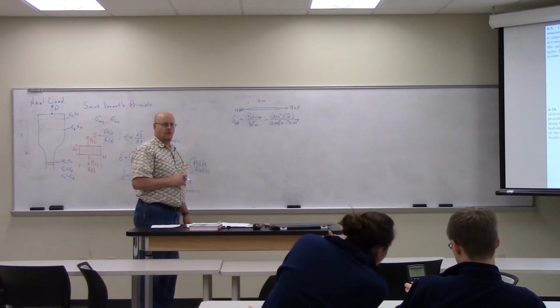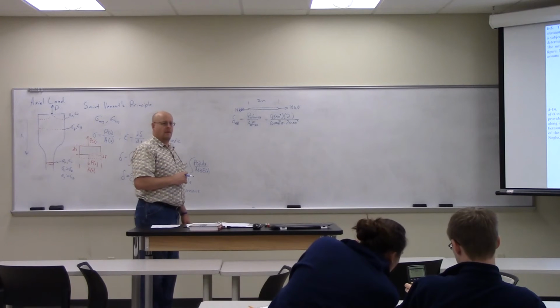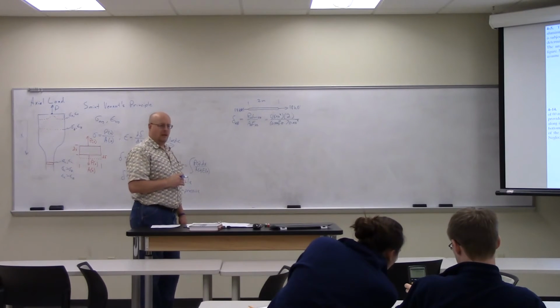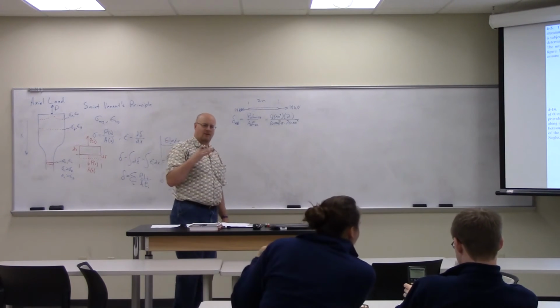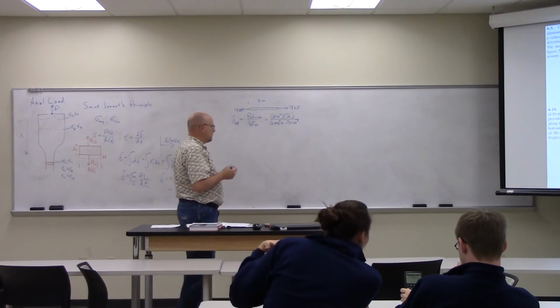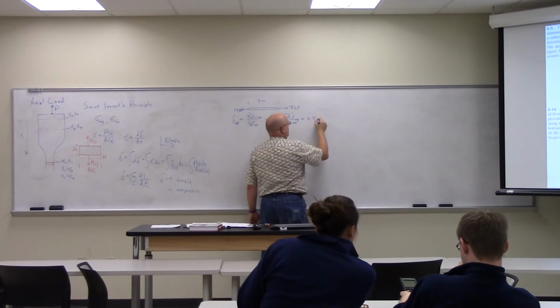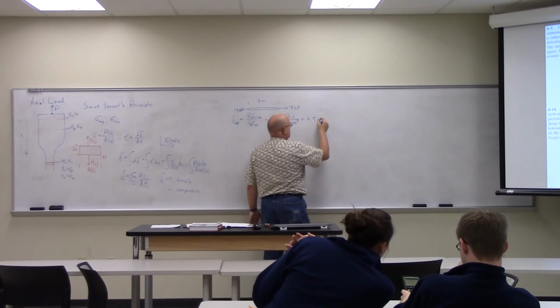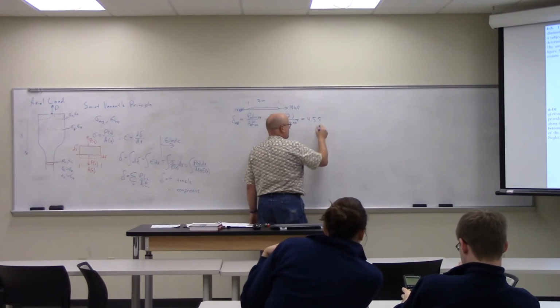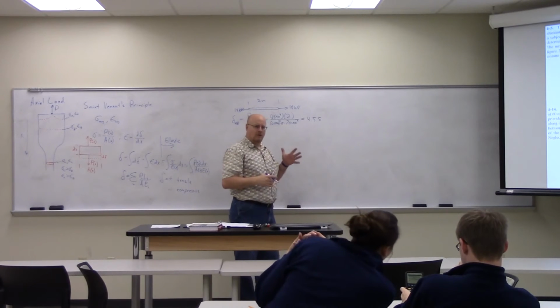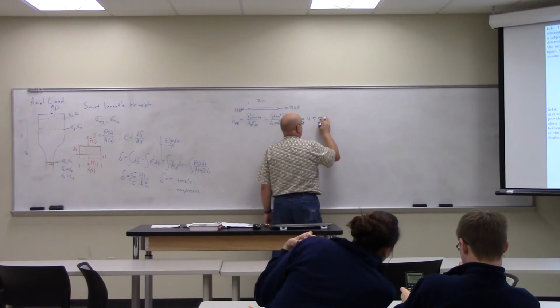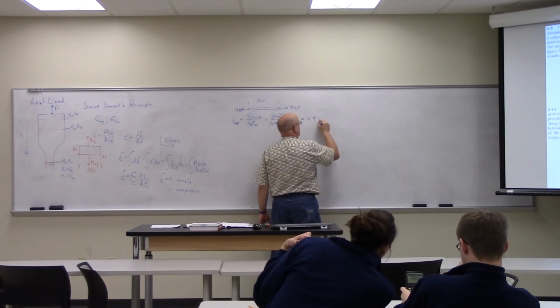It should be 4.5 times 10 to the minus 3. Give me 5 significant figures total. Okay, then 4.547 times 10 to the minus 3.